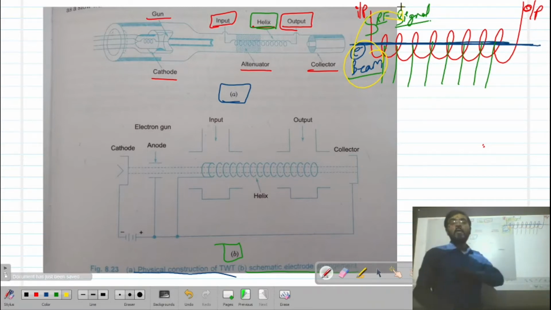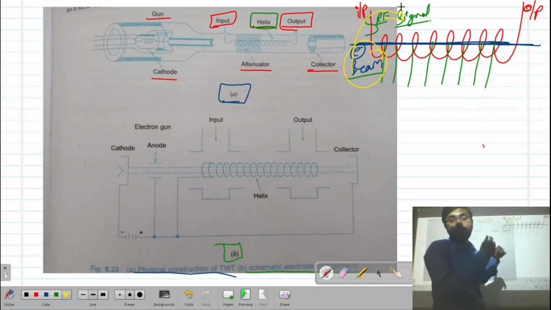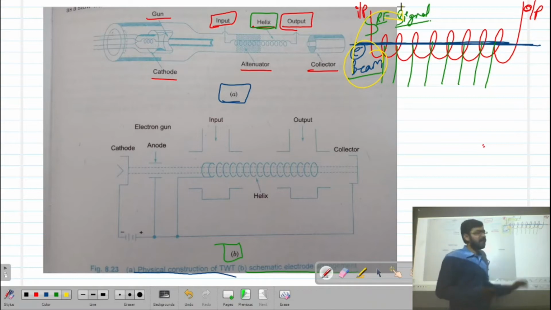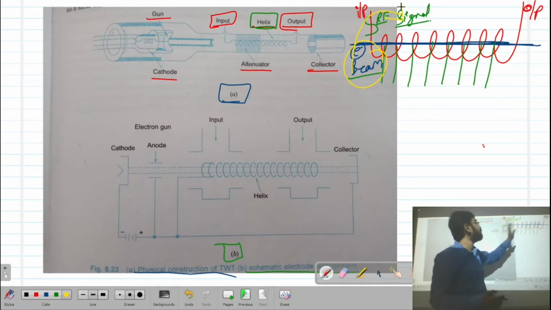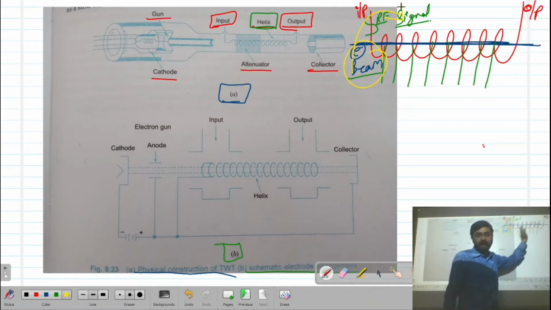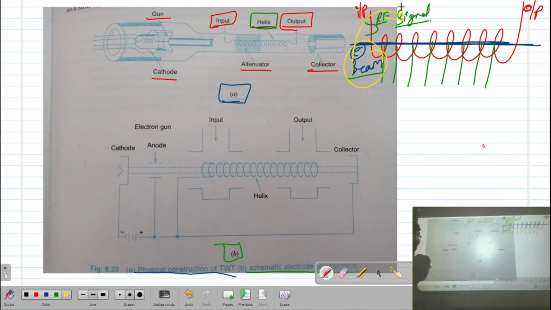It will give energy to the RF signal, and with the passing of each turn of the helical coil, the RF signal will become more powerful. The RF signal will become stronger as it moves ahead with time and passes through a number of helical turns. So I think this is more clear, and that is how it is working. Let us see the schematic electrode arrangement.